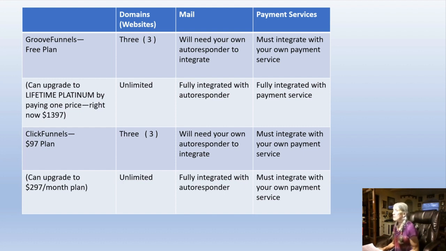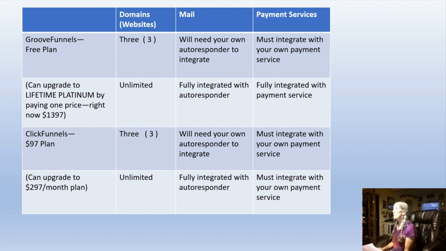Now, as far as upgrading, with GrooveFunnels you can upgrade to the Lifetime Platinum plan and pay only one price, which right now is only $1,397. You can have unlimited websites or unlimited domains. As far as mail, they're fully integrated with an autoresponder, and they have a fully integrated payment service.